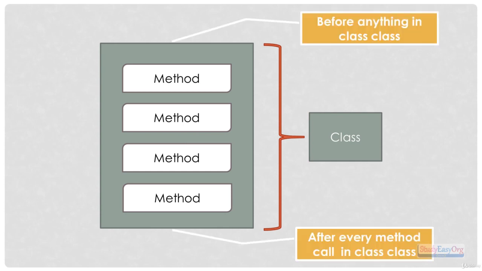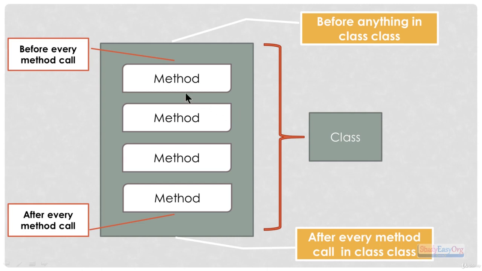For example, we wish to run a method before any other method in the class. So if we wish to run a method before all of these methods in the class, then we have a hook. Likewise, if we wish to run a method after every method execution in the class, again, we have a hook. Finally, we also have a hook to run a method before every method call and a hook to run a method after every method call.